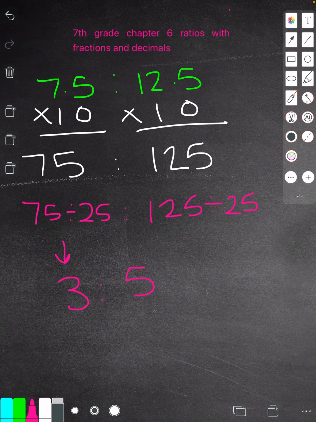I know that because if I count by quarters, 25, 50, 75, 100, 125, I could end up with 5 quarters before I got to $1.25. Still 3 to 5. There we go. So remember, we can multiply by a number like 10 or 100, depending on where our decimal is, to give us whole numbers in our ratios.